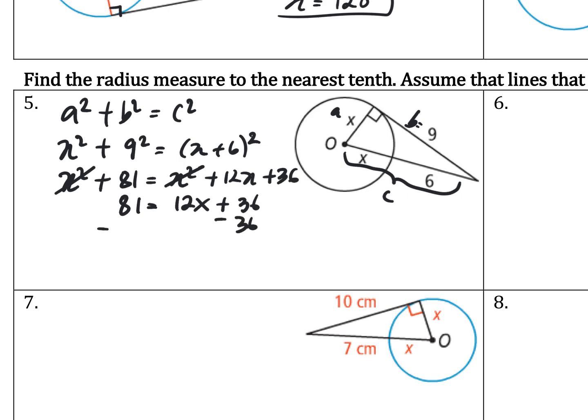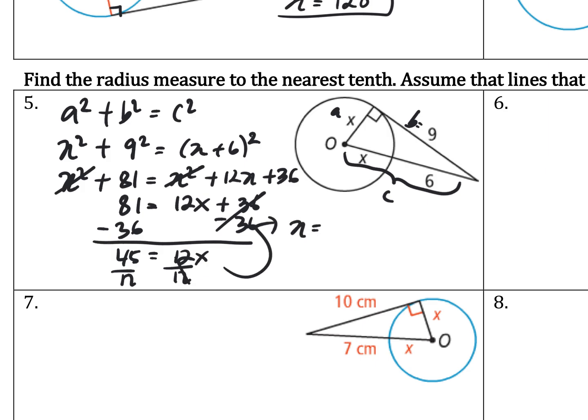We subtract 36 on both sides. So what is left now is 12x is equal to 45, and we divide it by 12. Therefore, our x here is going to give you around 3.75, but it says nearest tenth, so this is approximately 3.8.